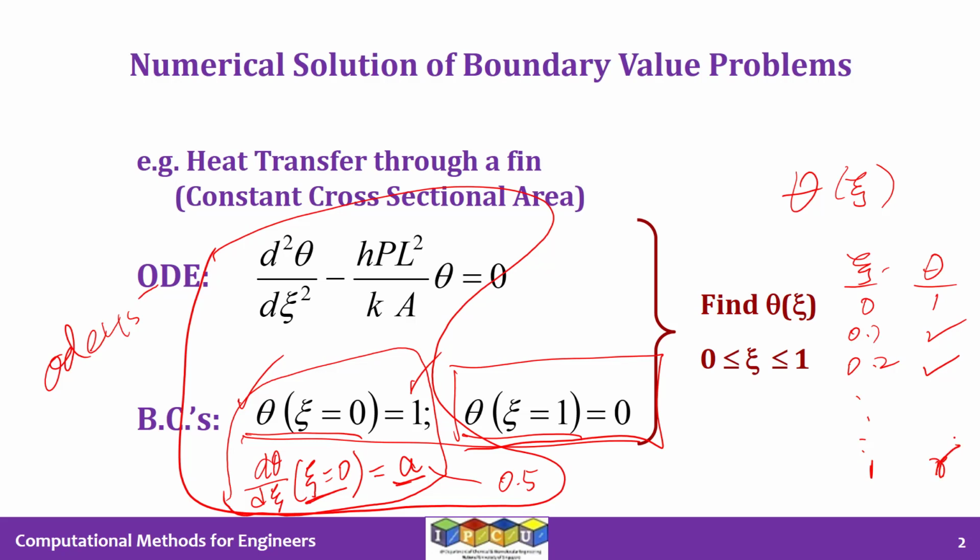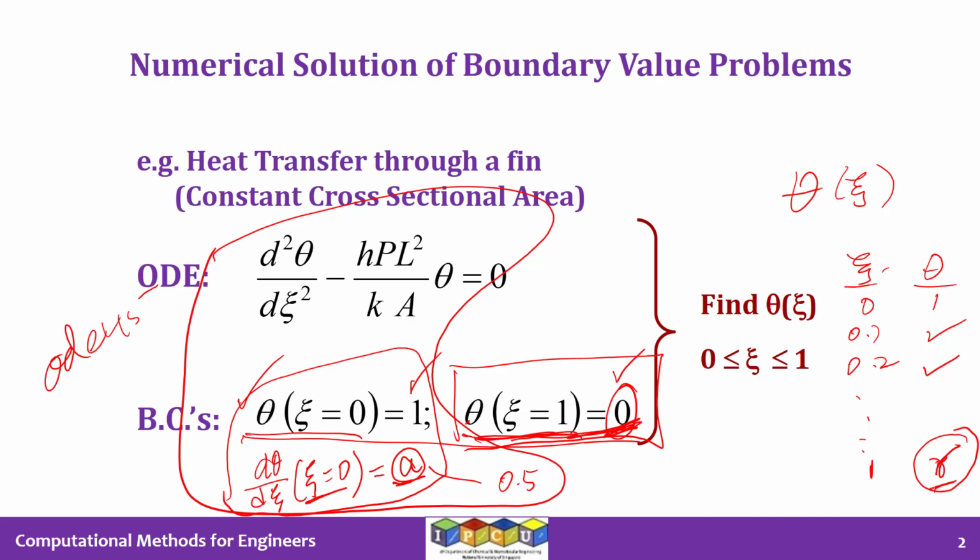This is the number. r is a value that was computed from assuming that d theta by d psi at psi is equal to 0 is a. Now I will check if this r is equal to 0 because that is what is given in the problem. Theta at psi is equal to 1 should be 0. That is the requirement if I've solved the problem correctly.